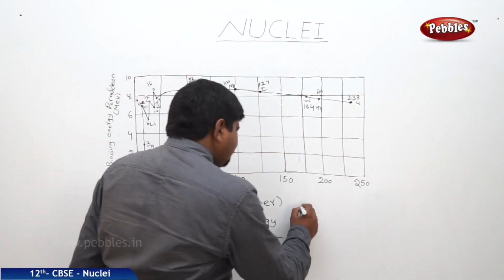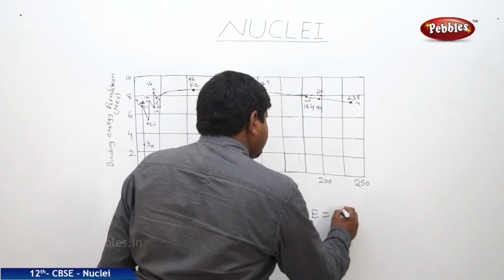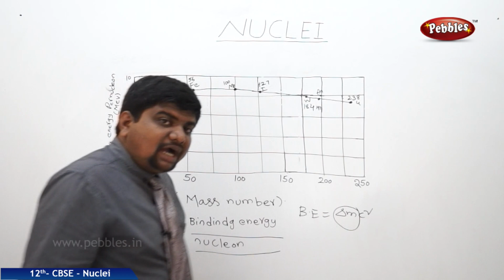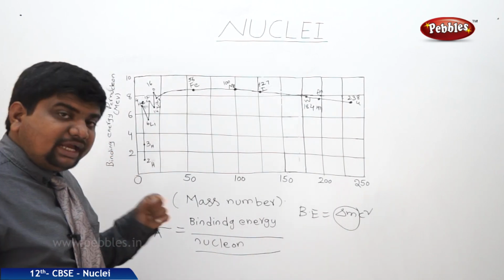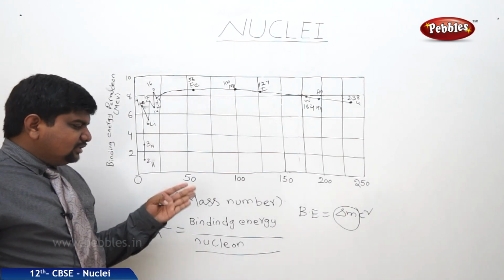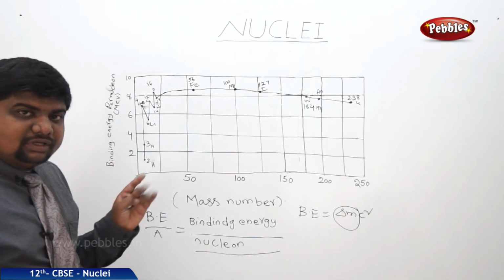Binding energy formula BE equals Δm c² means it is directly proportional to mass. In the case of atoms, it is the atomic mass. So we are going to draw the graph between the mass number and the BE per nucleon.